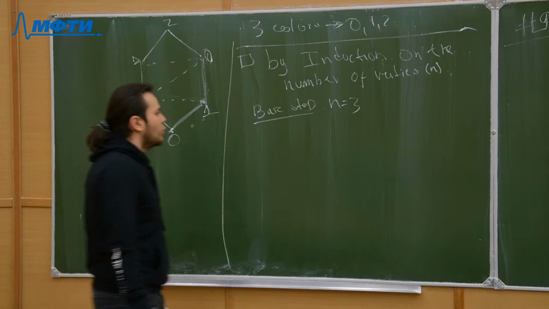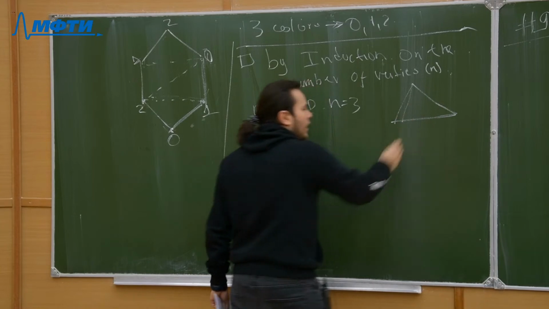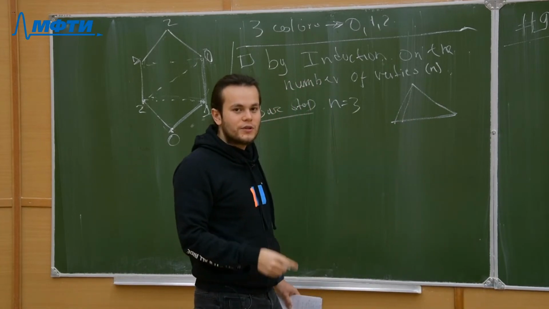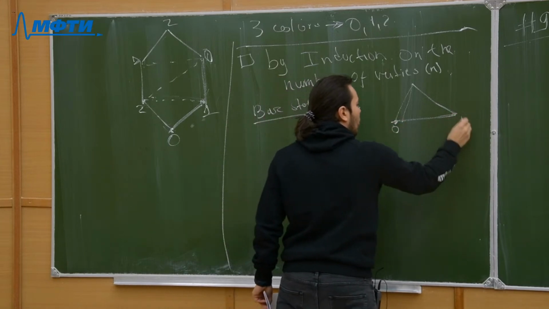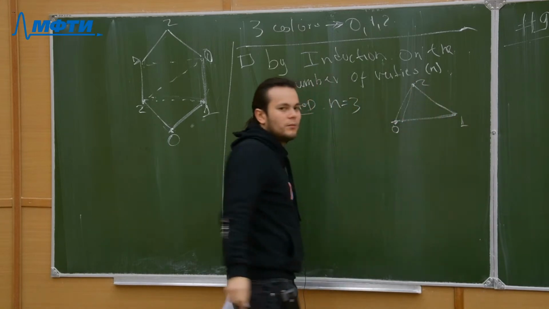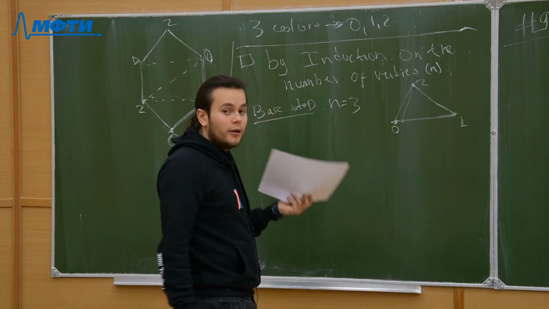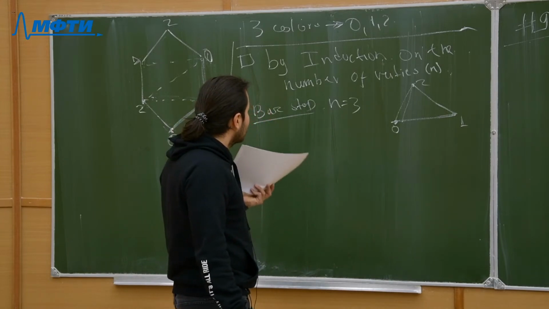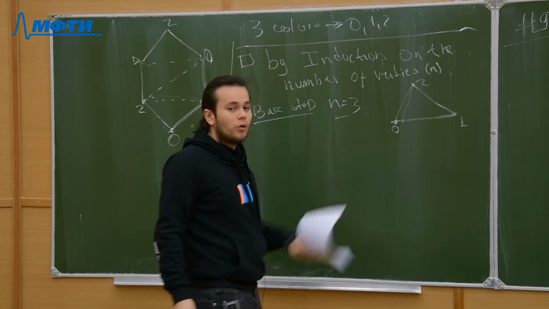In this case, we have a triangle, and of course the condition holds for this case, right? So we can color 0, 1, and 2. The triangulation is the triangle itself, right? It's the only possible triangulation here.